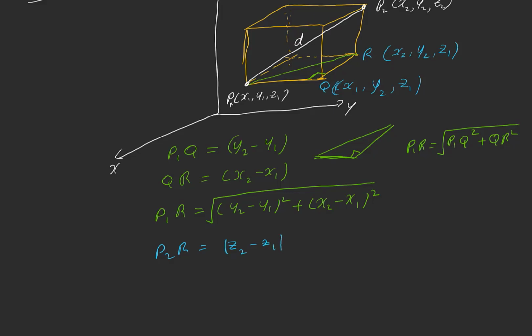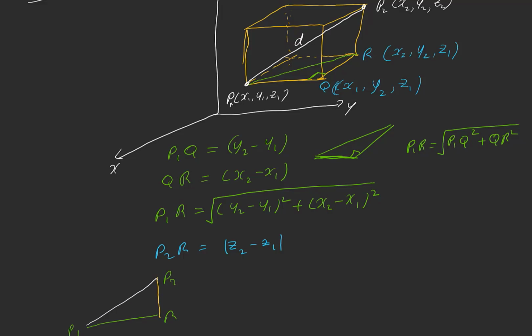Think about the triangle P1, P2, R. If I draw that, this is P1, this is R, this is P2, and P1P2 this.